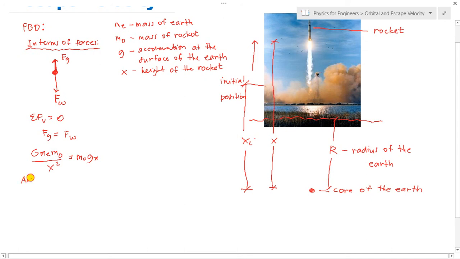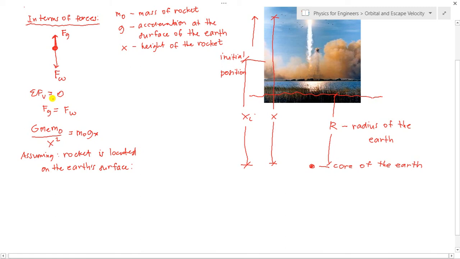So assuming nga si rocket is located on the Earth's surface, what would be our relationship between the gravitational force and the weight of the rocket? So if that is the case, so therefore our X now is equals to R. Why? Kaya on the surface man.